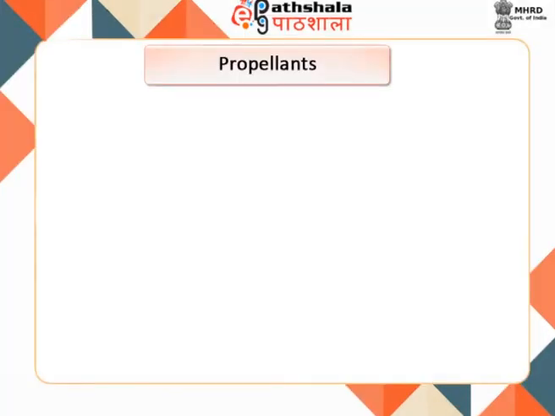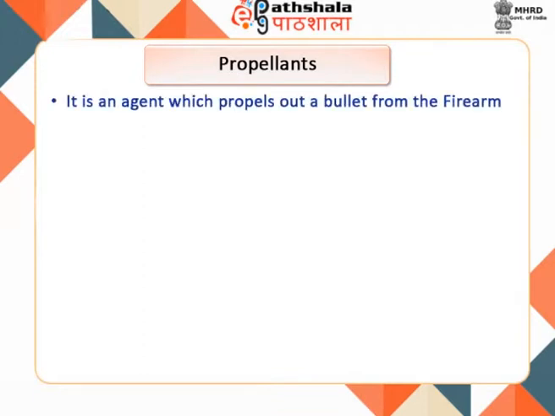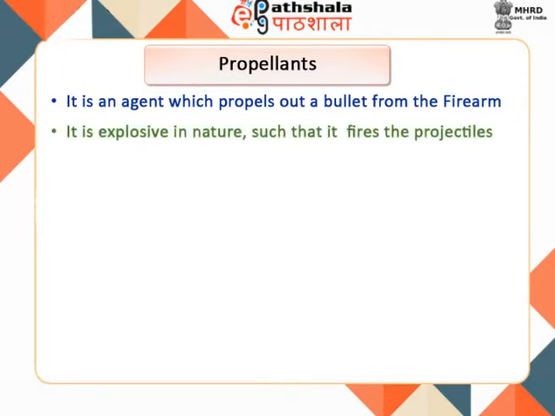Now let us discuss propellants. The expression propellant means an agent which propels a bullet out from the firearm. It is explosive in nature such that it fires the projectile from the gun. In order to propel a bullet or shotgun charge through the barrel and air, a certain amount of force is necessary.